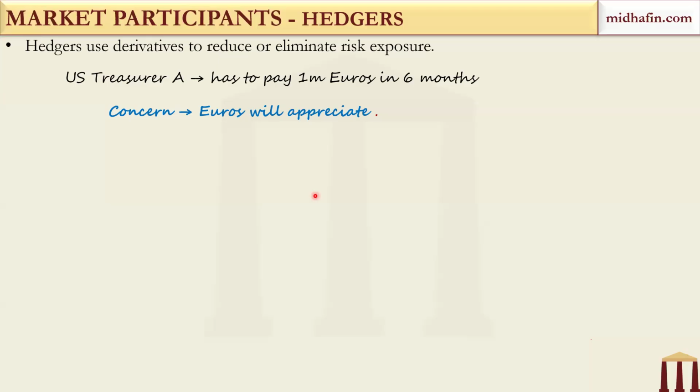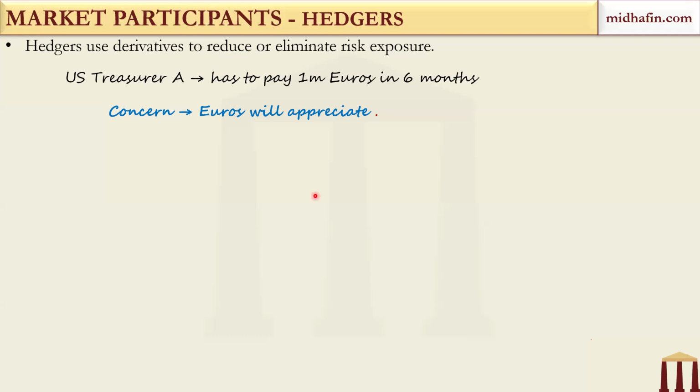But since we have already explained how to hedge using forwards earlier, even though we did not use the word hedging, in this case we'll use options to hedge, even though they're not very popular.